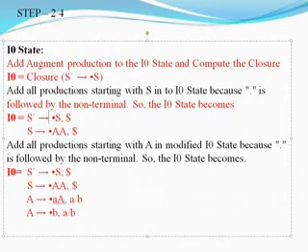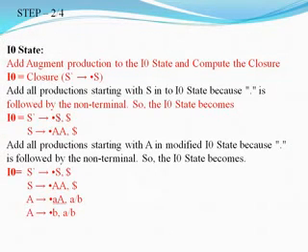After completing this input, the thing we have to observe is whether after the dot I have a terminal or a non-terminal. In other words, after the dot you have a capital letter or a small letter. If you have a terminal symbol, a small letter, no problem, you can go ahead with the next grammar.